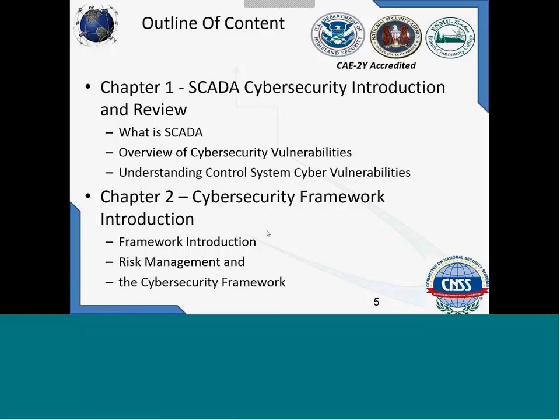And we look at, in this particular chapter and section, we'll be looking at identifying risk and risk assessment and risk control, which are all incorporated into the framework as well.